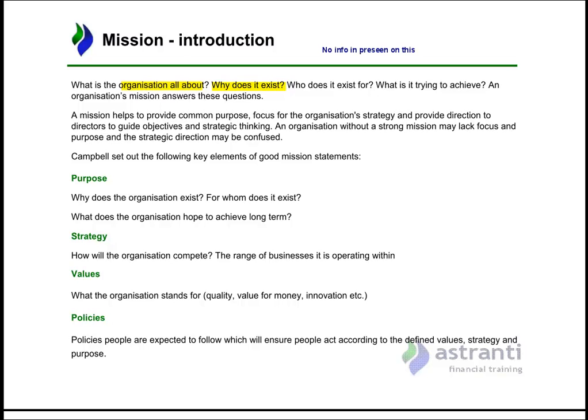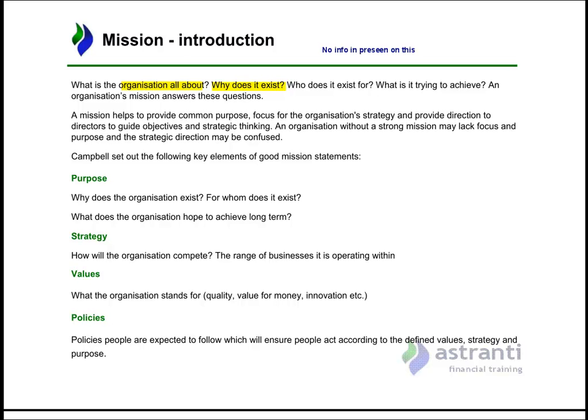But of course, that is obvious. If they didn't do that, they wouldn't have a business model. So what you may be asked in the exam, given that you haven't been given any information on a mission statement, is to help come up with a good mission statement. So what would a good mission statement involve?